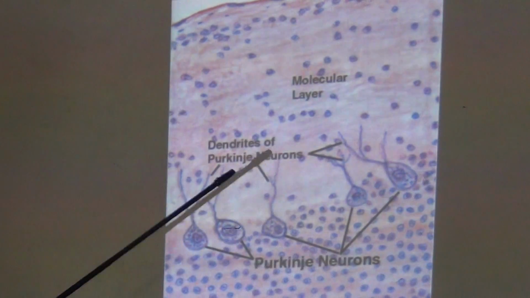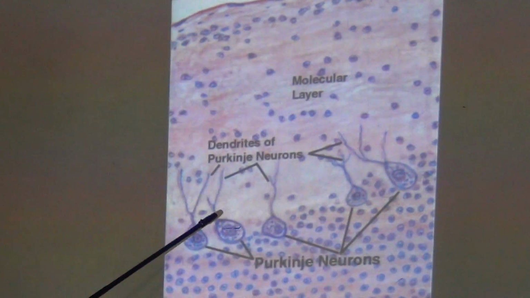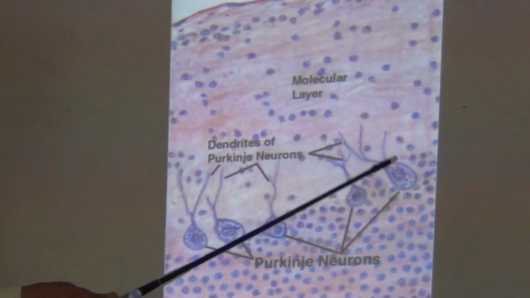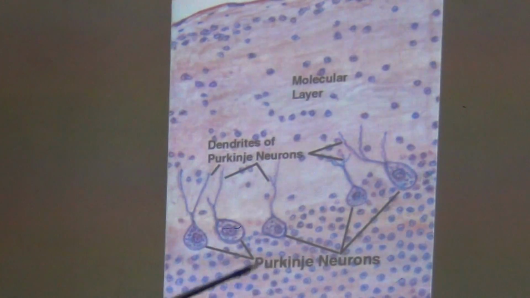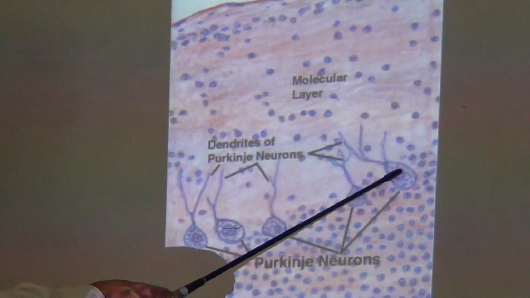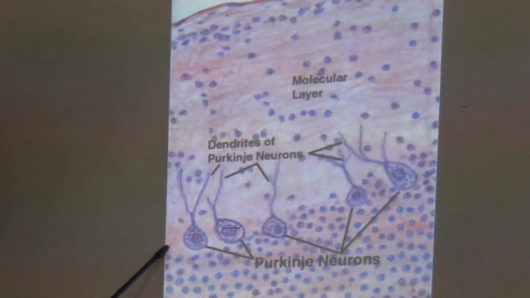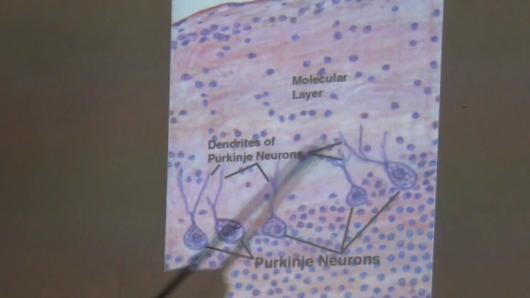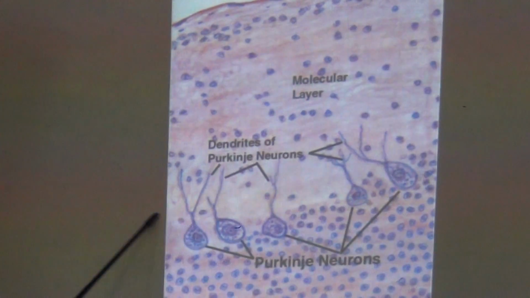Their dendrites move upwards, and these cells have a larger rounded nucleus in the center. They are in rows due to these Purkinje cells. This layer is called the Purkinje layer.